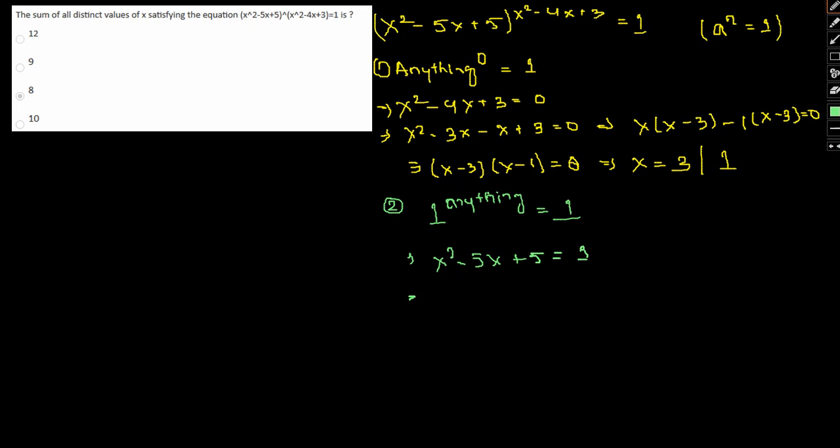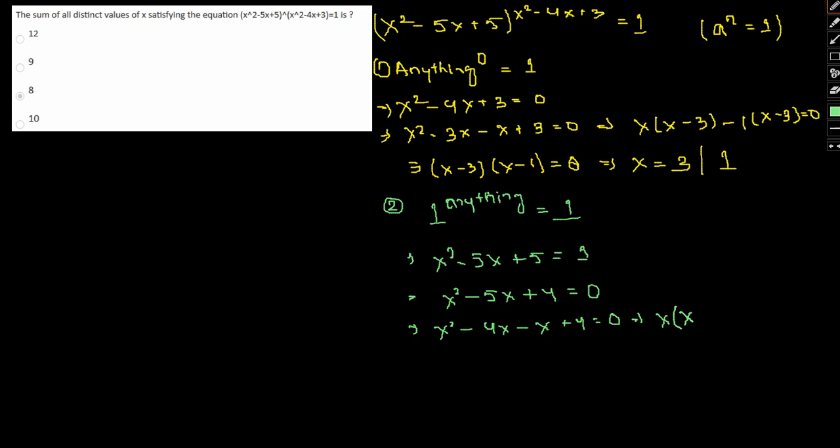Okay, so we can write x² − 5x + 4 = 0, right? So we can write x² − 4x − x... Sorry, why am I writing this 1 over here? 0.